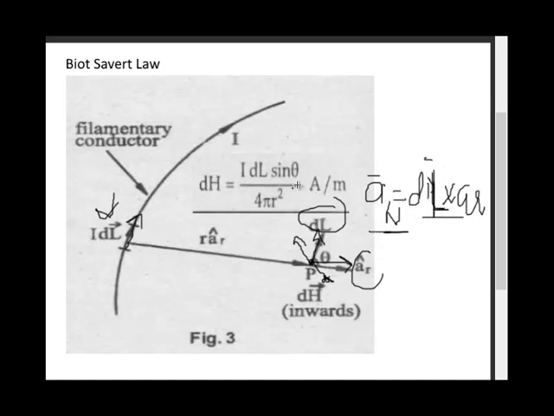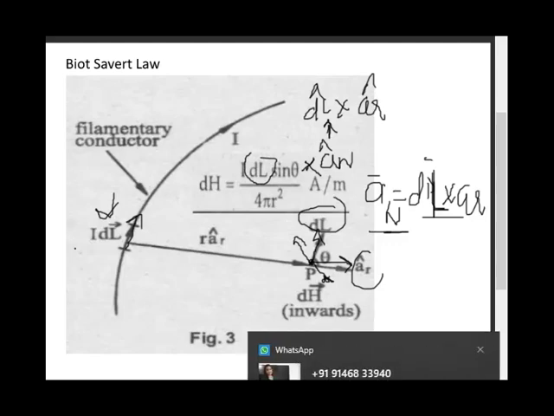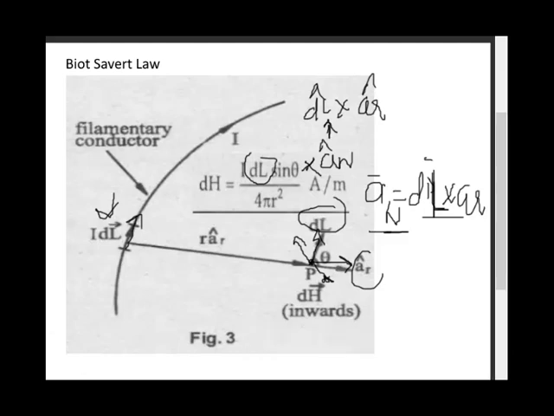So in this formula we can multiply a cap n, and this a cap n can be replaced with dl cross ar, where we can find dl already present here. So this formula can be replaced with the final formula after the presence of the direction.